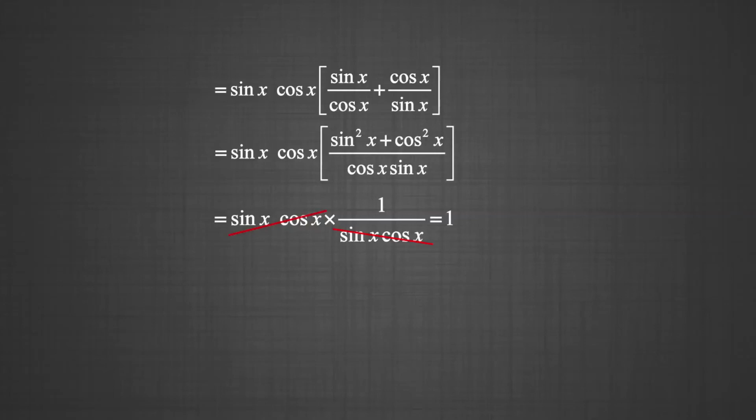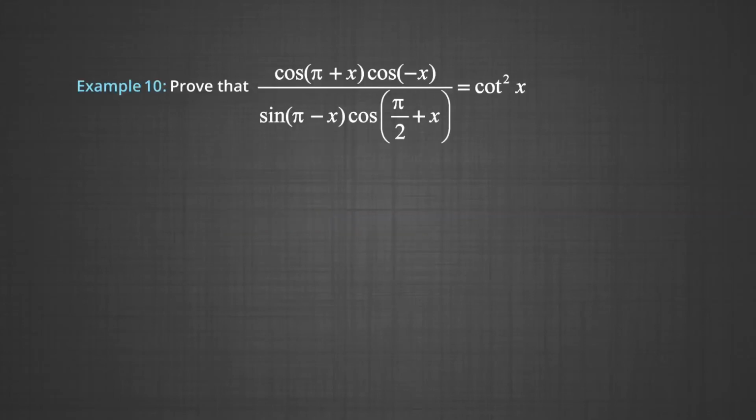In example 10, we will prove that cos of pi plus x cos of minus x divided by sin of pi minus x into cos of pi by 2 plus x is equal to cot square x.